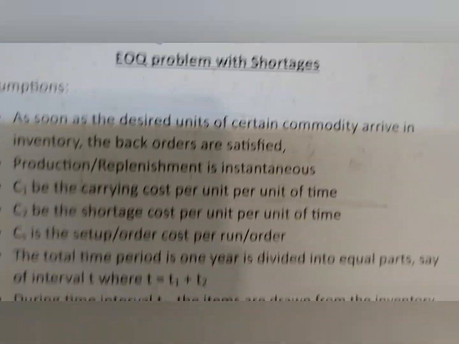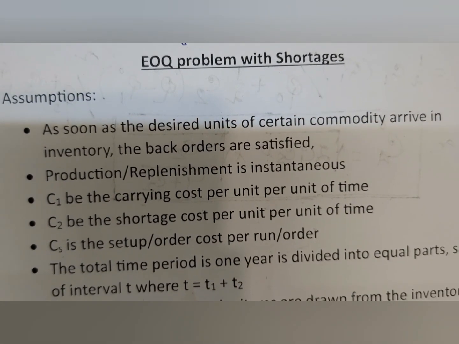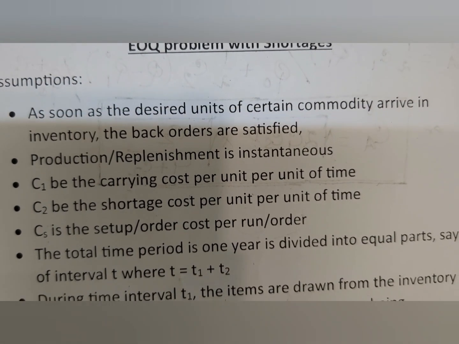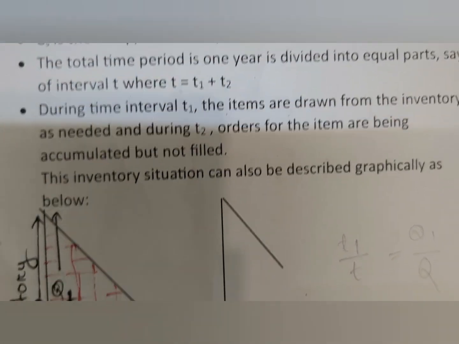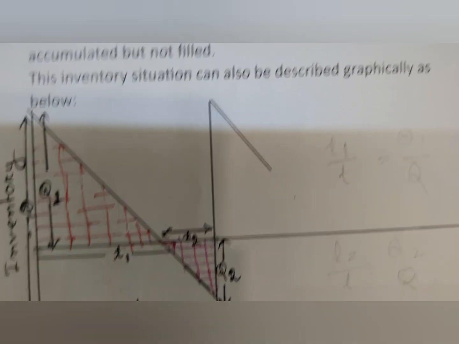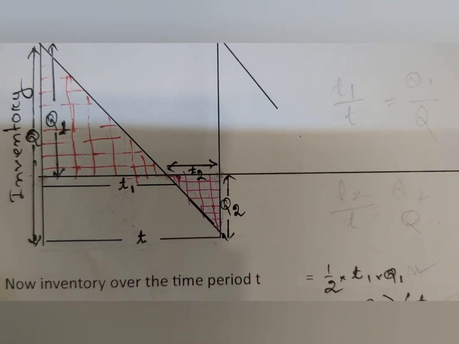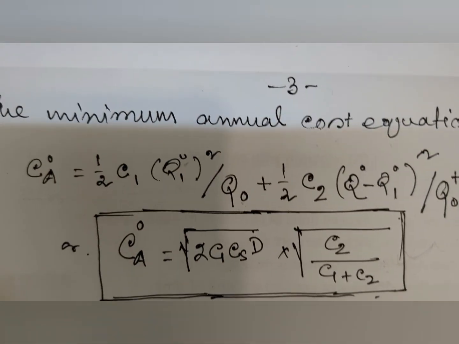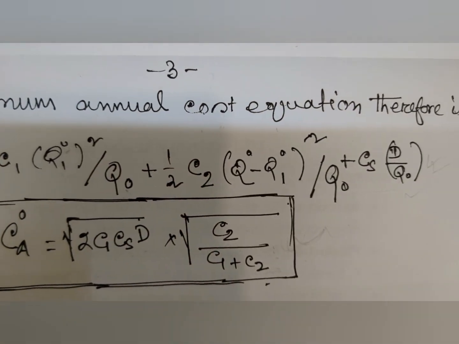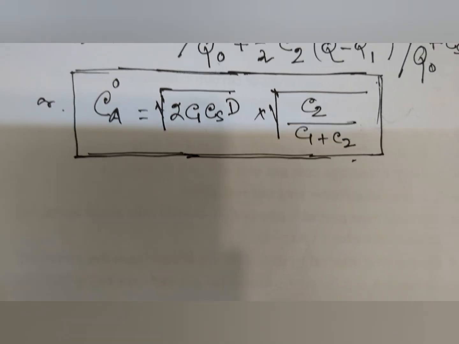Again I am showing you, if any part is left out, then check it. First, these are the assumptions and these are graphical presentations, and then a few basic formulas which are used to derive this. So that is all about it, and this is the total minimum cost, the formula for total minimum cost. So check it, it's the total minimum cost.